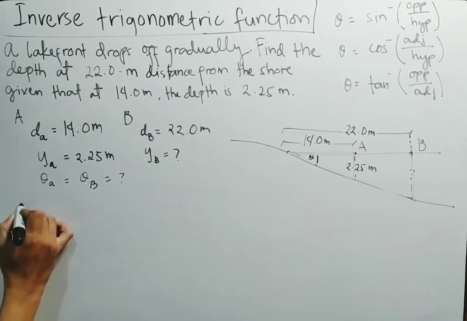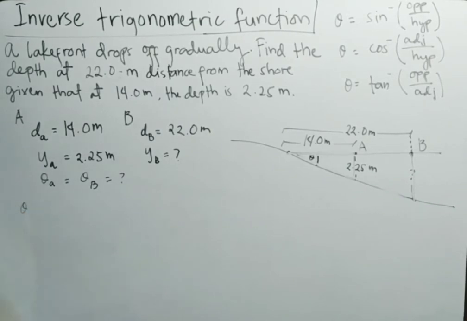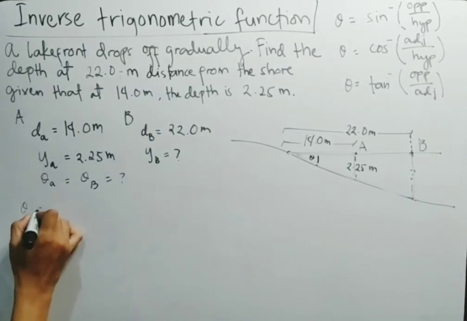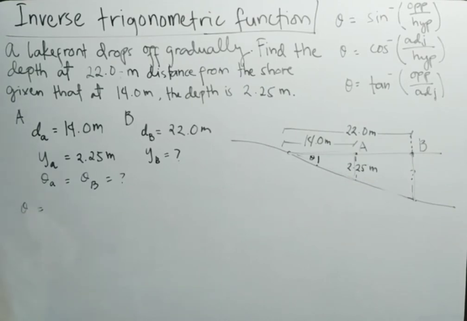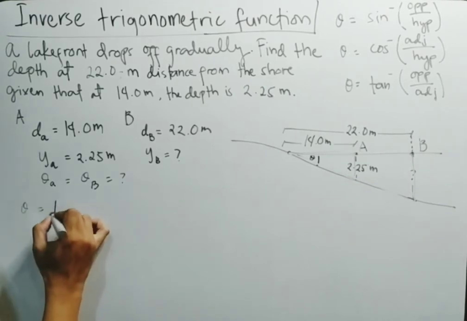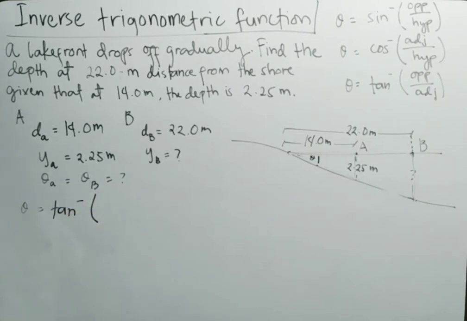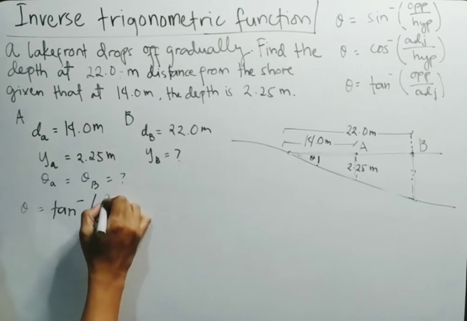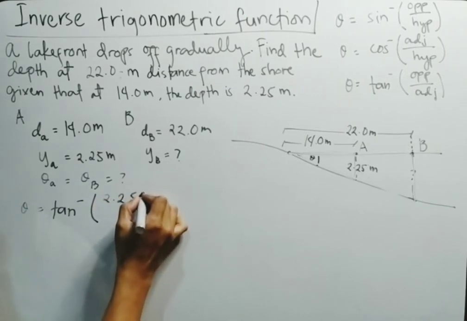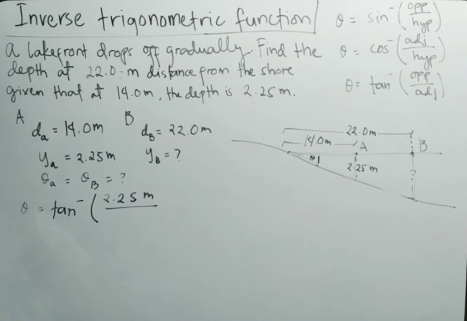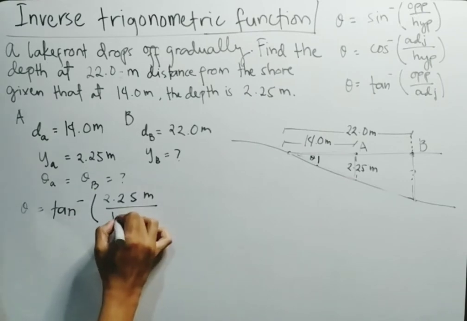So, we have here theta is equals to the arctan of the opposite side, that is 2.25 meters, and the adjacent side, that is 14.0 meters.